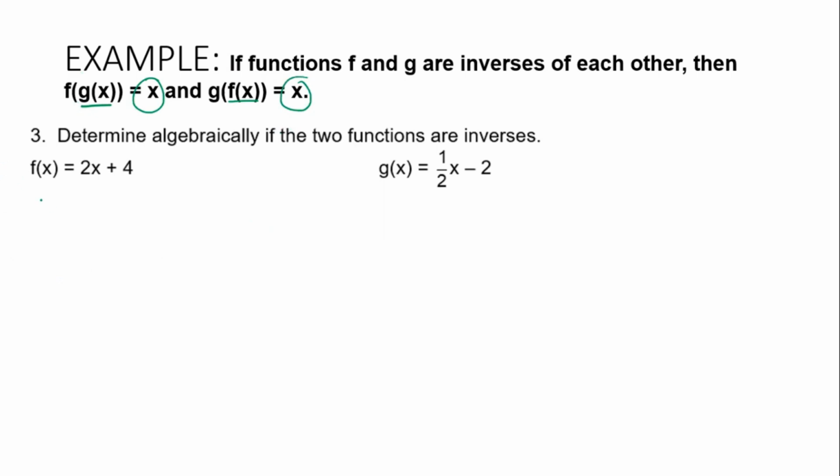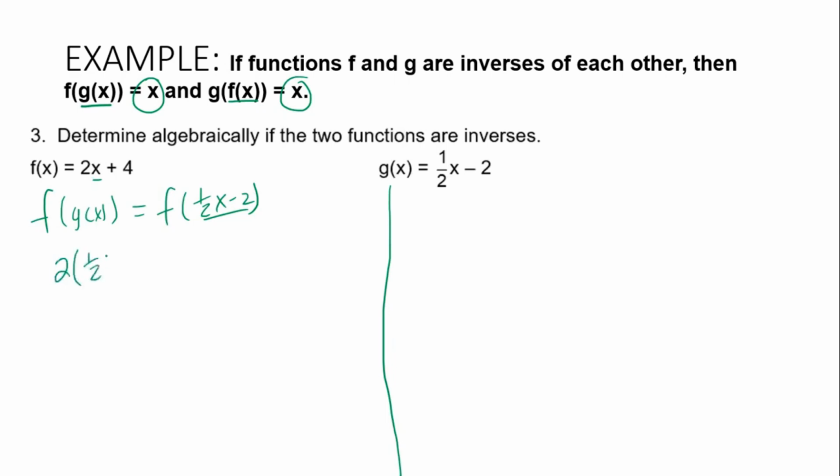Okay, so first we're going to do f composed of g of x, which means f composed of 1/2 x minus 2. Compositions are fun. Wherever x is now becomes 1/2 x minus 2. So we have 2 times 1/2 x minus 2, plus 4.